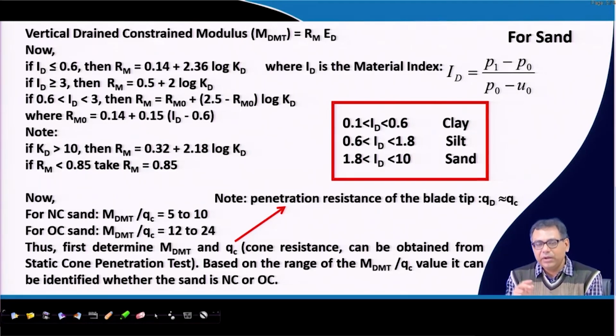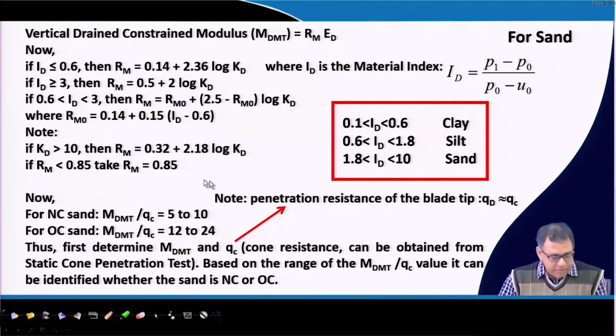But in sand, doing the oedometer test is difficult because of its disturbance. So here, by the dilatometer test, we can approximately identify whether sand is in an over consolidated or normally consolidated state.